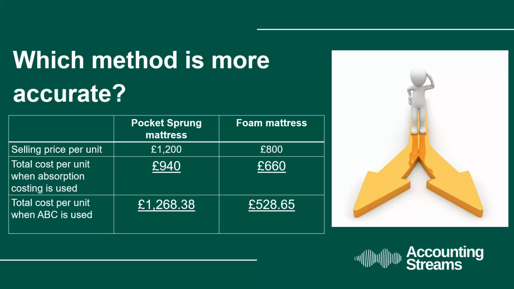So which method is more accurate? Is it the absorption costing method or the activity-based costing method? With the absorption costing method, remember that we allocate the cost using either machine hours or labor hours, regardless of whether or not the activities are driven by machine hours or labor hours. So it might not be that accurate.